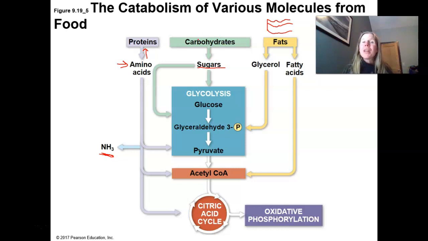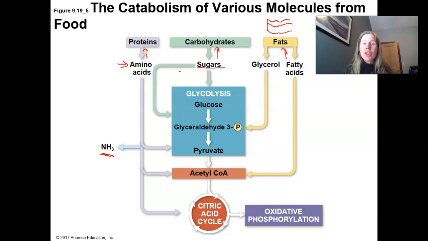When you eat carbohydrates, you break them down into glucose to absorb them, but you then actually can do an anabolic reaction and build glycogen, a more complex carbohydrate that you're going to store in your liver or skeletal muscle and save for later, right? When you eat fats, you break them down into fatty acids, right? But then you can go ahead and store them as triglycerides if you have too much energy.